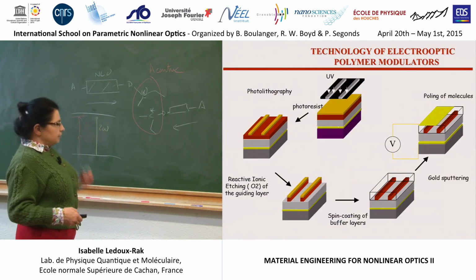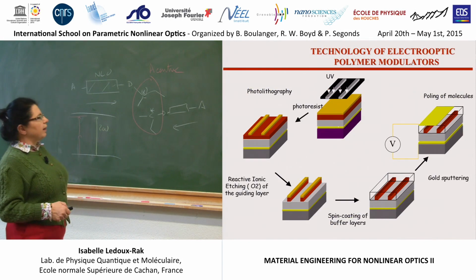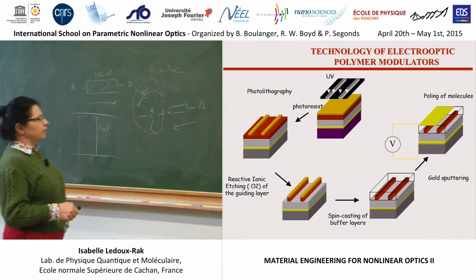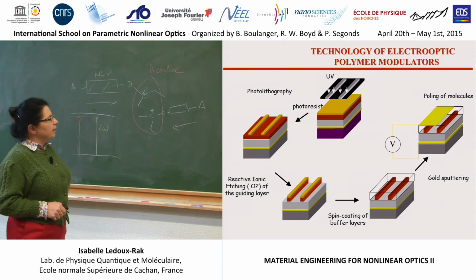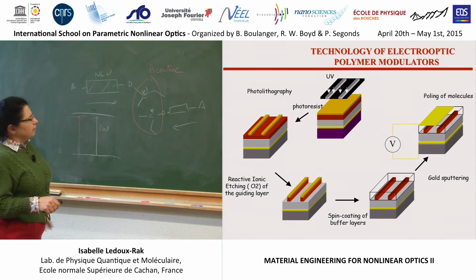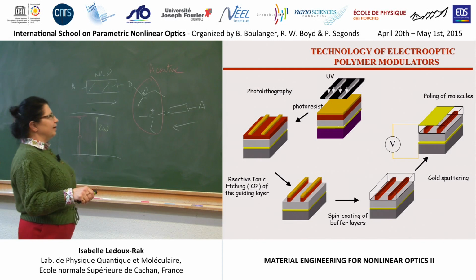Okay, so let me show quickly how to make these waveguides. That's a classical photolithographic and etching method. You start by making multiple layer systems.